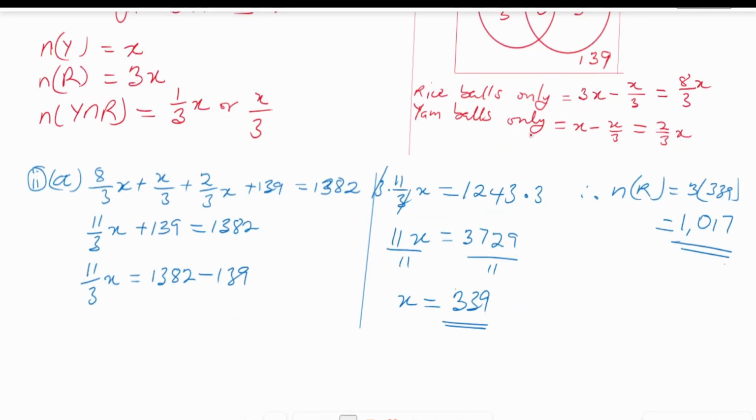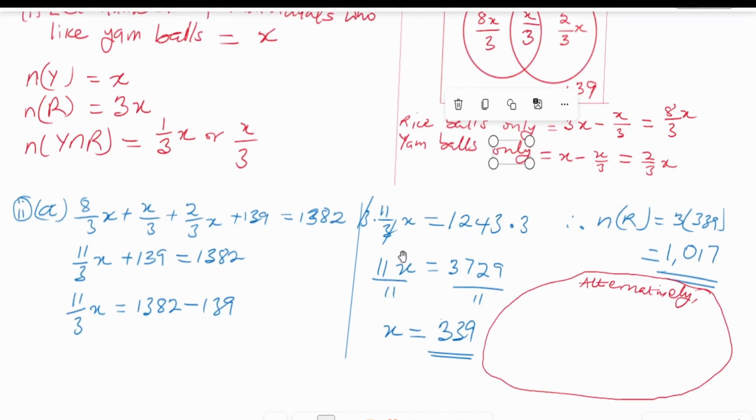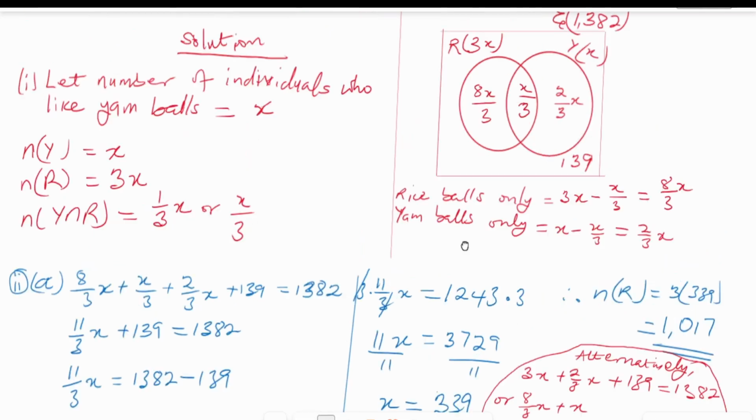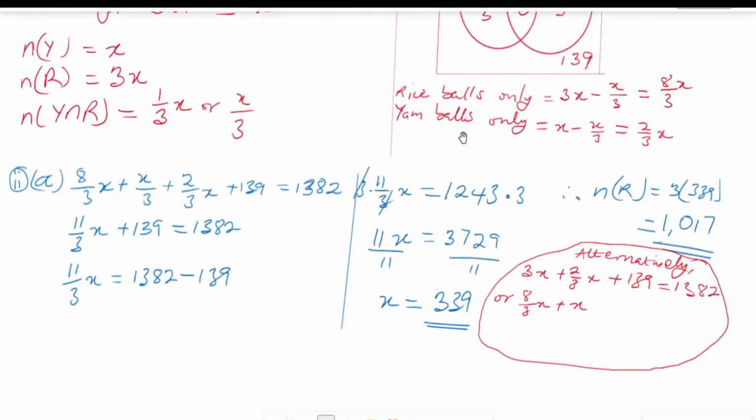Maybe let me just quickly put that here. Alternatively, rice is 3x, so 3x plus 2 over 3x plus 139 equals 1382. Or we can do 8 over 3x plus x, which is for y or yam, then plus 139 equals 1382.